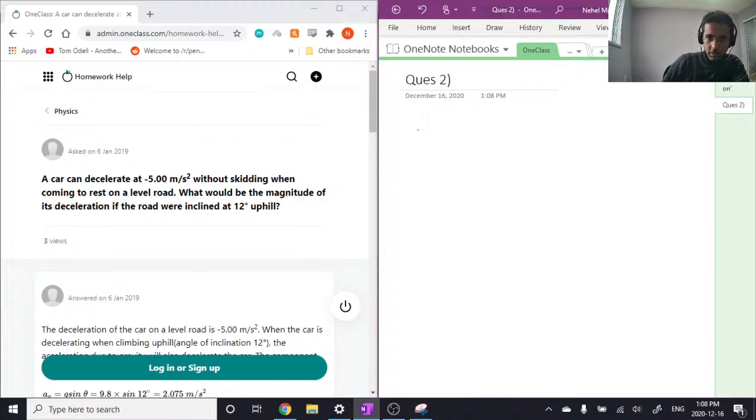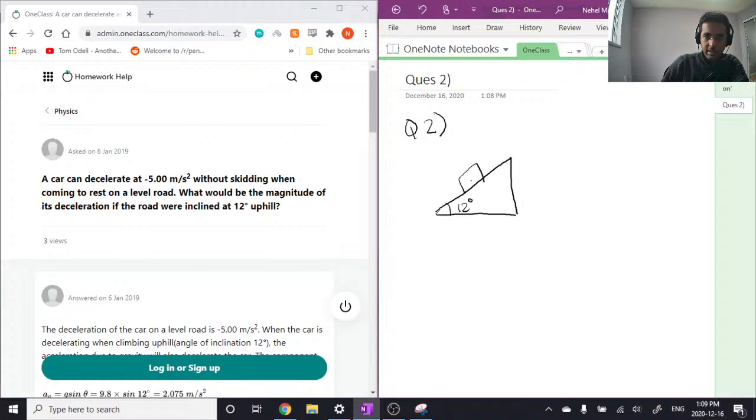Okay, so for question number 2, we're given that now we want to decelerate when we're going on an uphill. So let's say this is our uphill and this angle is 12 degrees, and let's say this is our car.